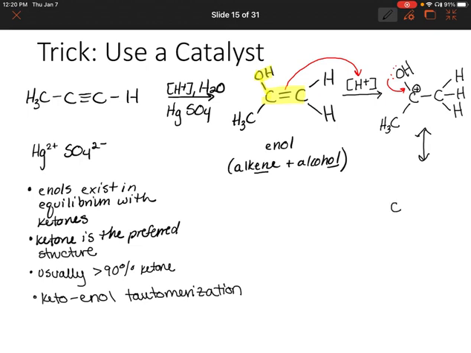So then we end up with the following. So now we have a double bond between carbon and oxygen, but oxygen still has a hydrogen bonded to it, so it's still positively charged here.